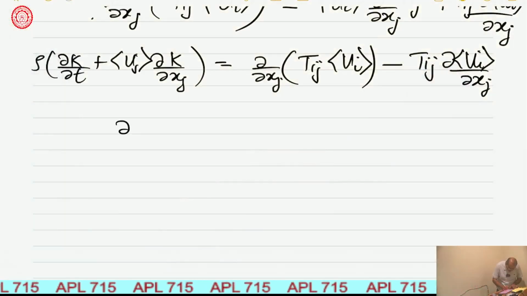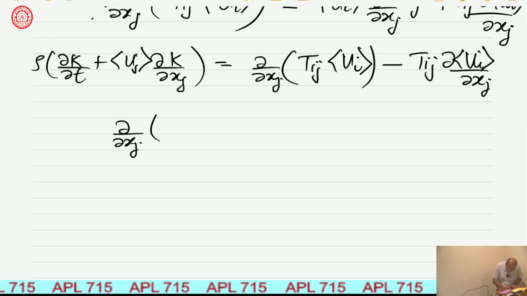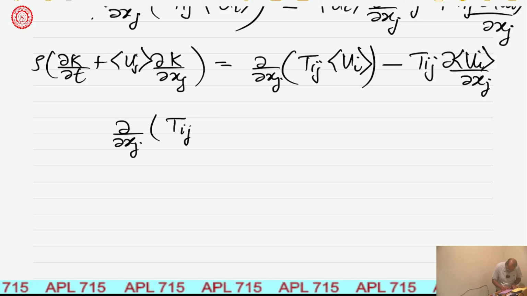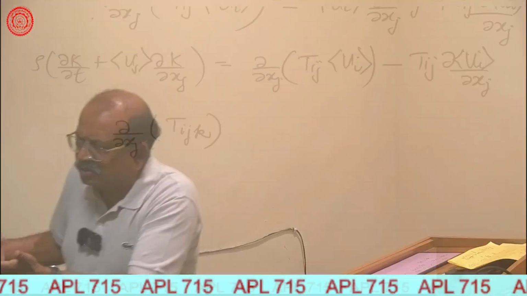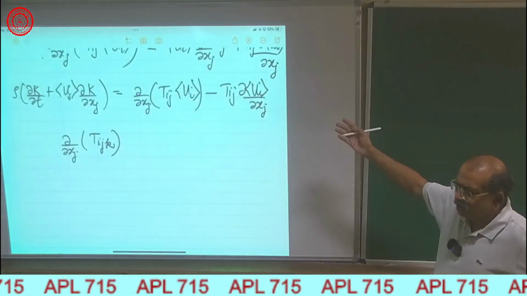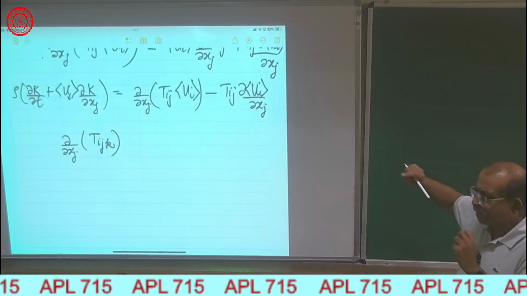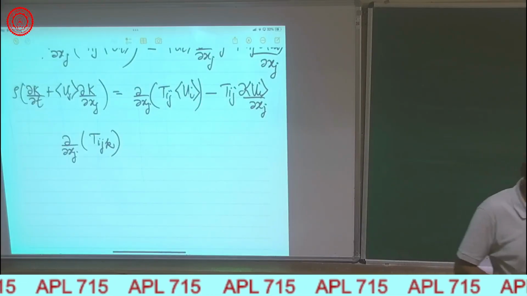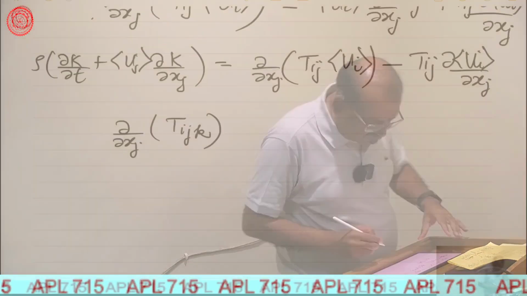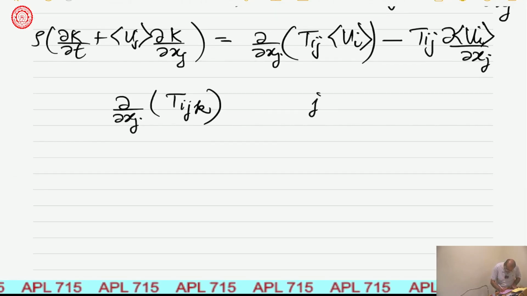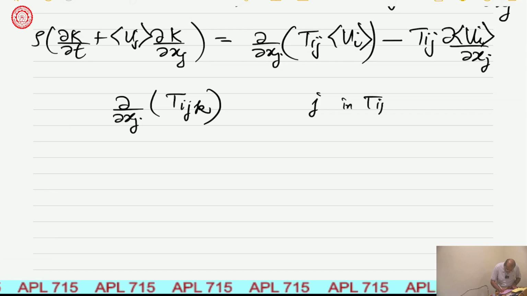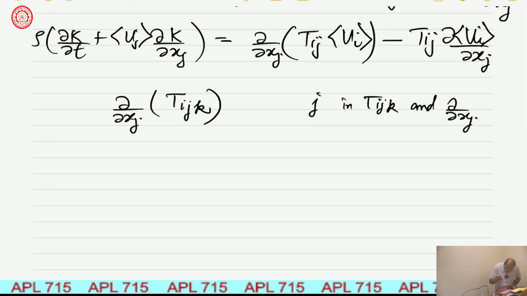Wherever we have this d by dxj of, I've just put Tijk as some sort of quantity. Now here, there is j in Tijk and partial by partial xj.